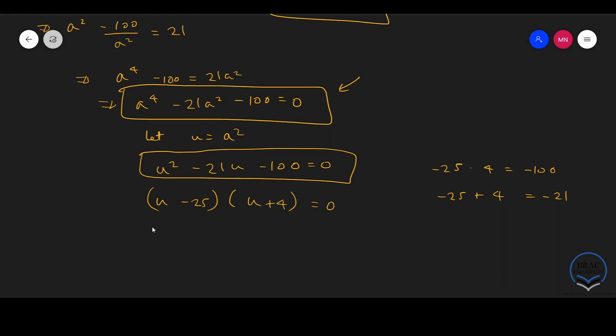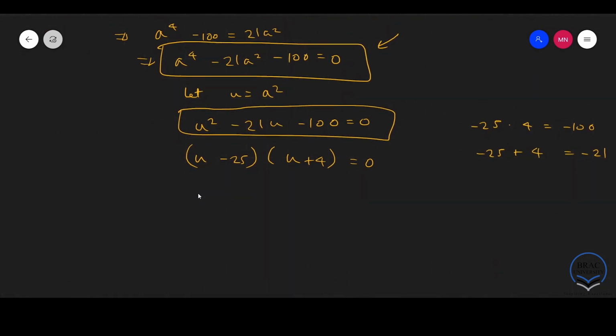From this, I can use the zero product rule to get u equal to 25 and u equal to minus 4. If I substitute this back, I will have a squared equal to 25 and a squared equal to minus 4. From this, I find a to be equal to plus or minus 5, and from the other, a equal to plus or minus 2i.